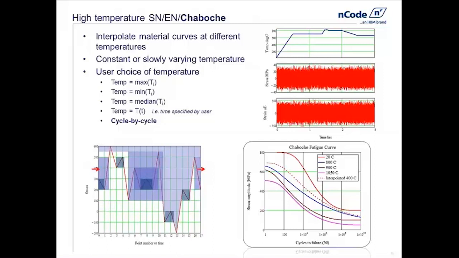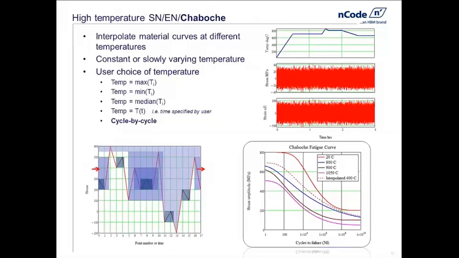As the rainflow count identifies the cycle pair as a peak and a valley, it is also able to calculate the start and the end of that cycle. When did the cycle start in time and when did it end? With that, we're able to identify the temperature history for each cycle. So besides having temperature-dependent fatigue properties, we now have the ability to go on a cycle-by-cycle basis and identify the temperature history within that cycle.